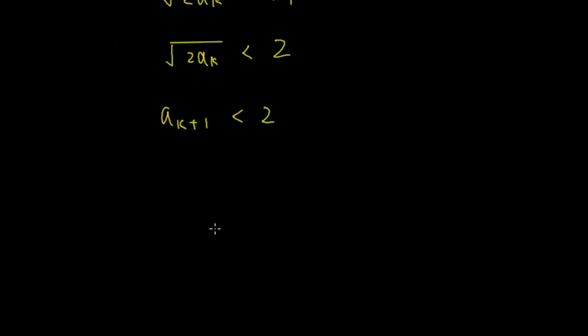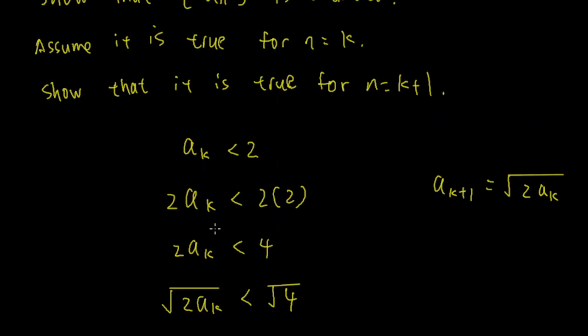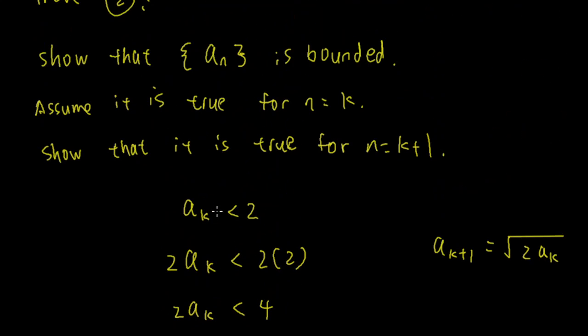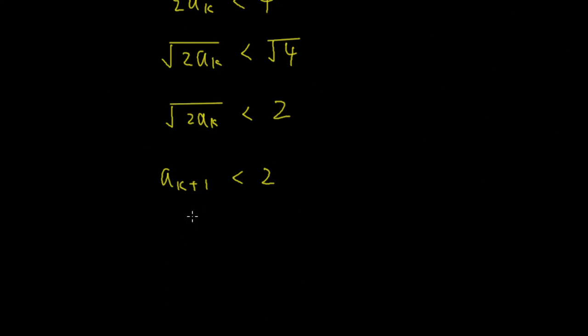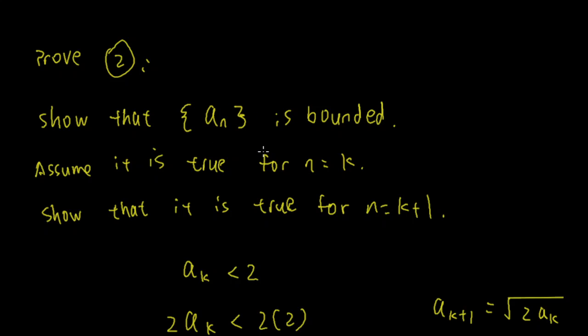We basically show that the sequence, now we have to replace that, right? A sub k plus 1 with a sub n, right? Because based on this, what we're trying to prove here.